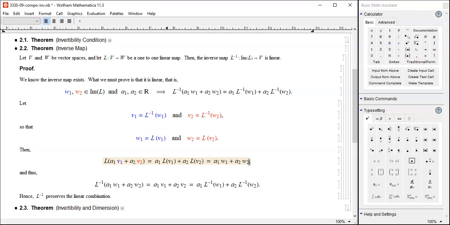This is the forward map, so we can separate the linear combination. We can separate all these out, with the V1 part blue and the V2 part red.